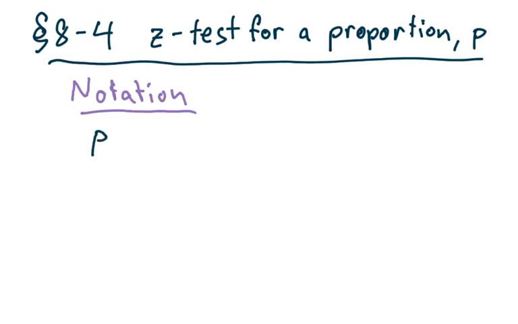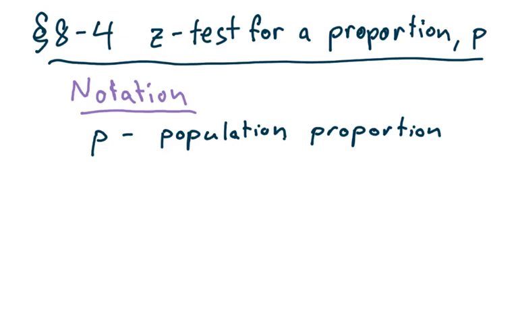For notation, P is our population proportion. The example that I keep coming back to is, the population proportion here might be the true percentage of the population that is going to vote for a particular candidate.